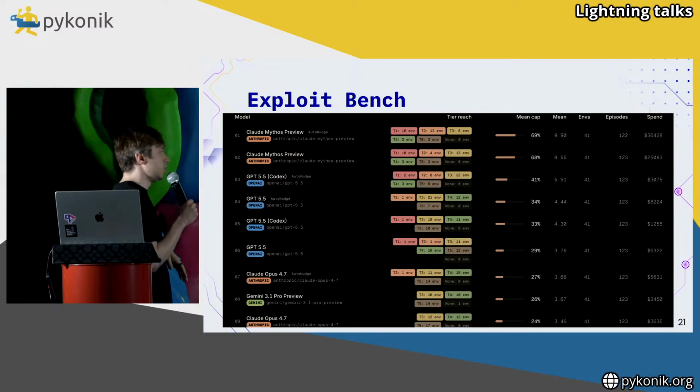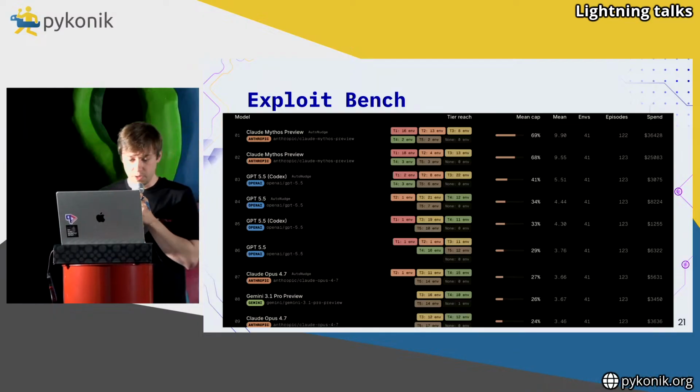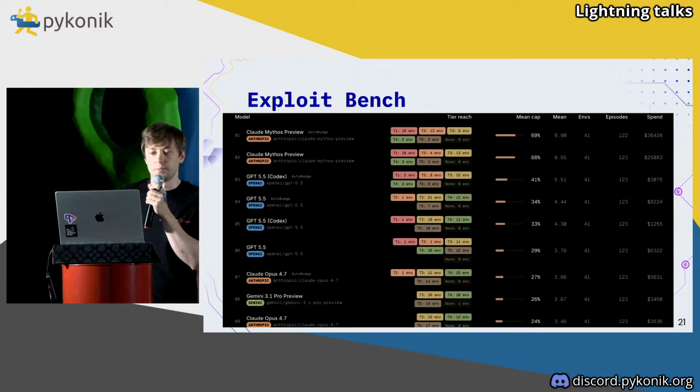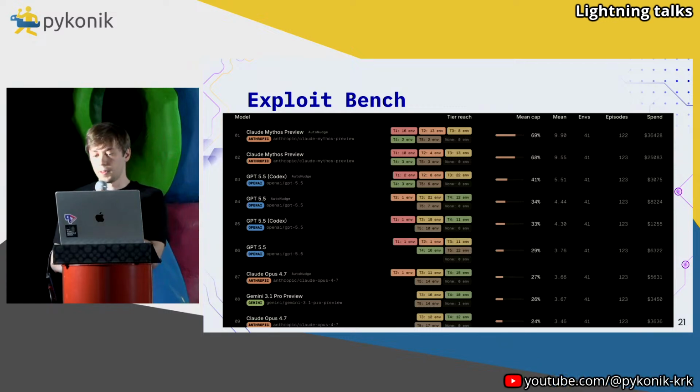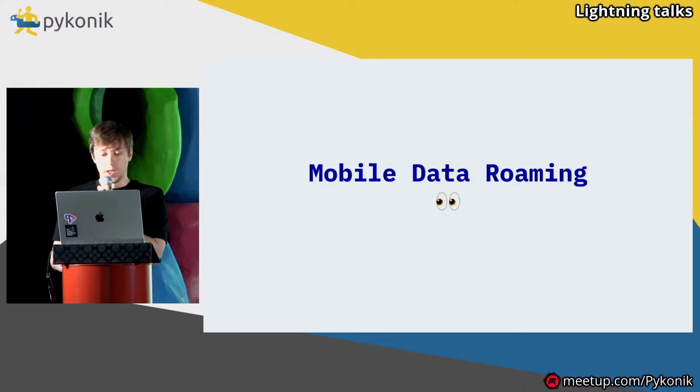What is interesting here is that in this benchmark, the Mythos models spent like $30,000, $20,000, whereas GPT spent like 3,000 or 8,000, and some other models were much smaller in spend. So maybe you can have a model that has great capabilities of finding and exploiting vulnerabilities, but at the same time it costs much more. Maybe not obviously, but it seems to be the case.